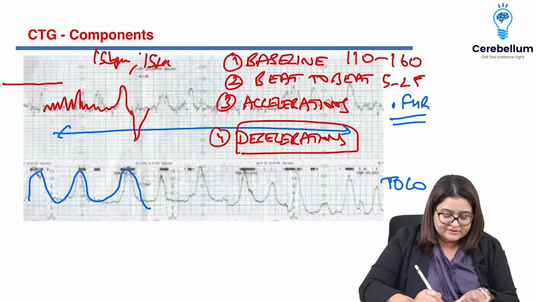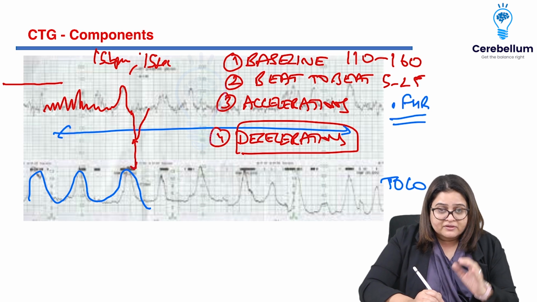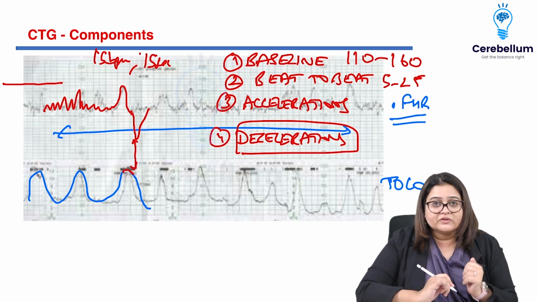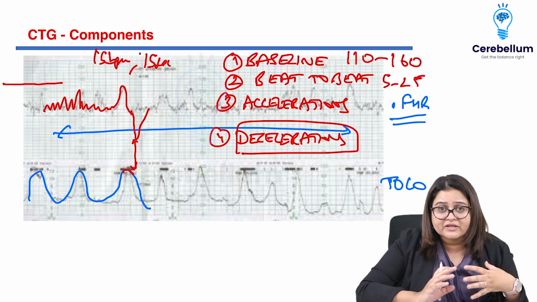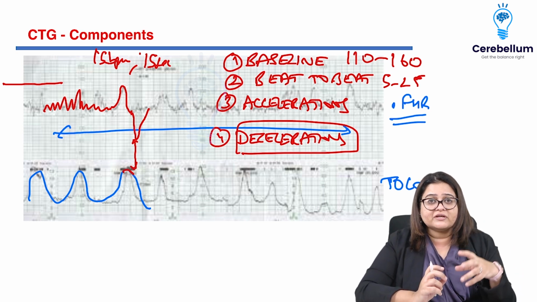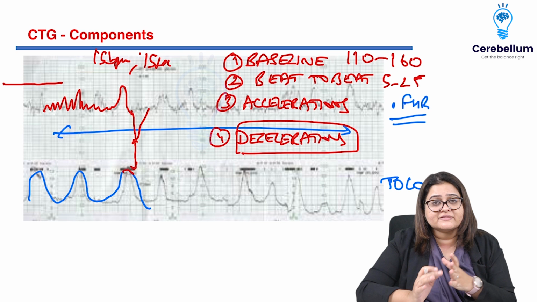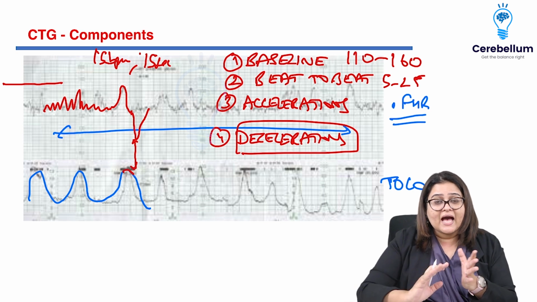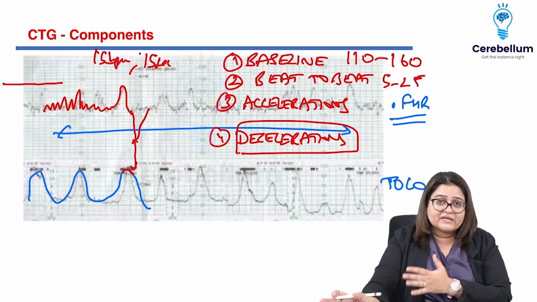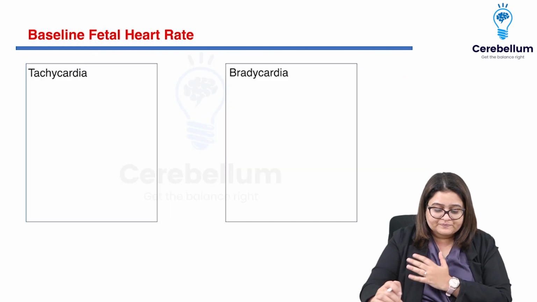And we see how the dip is in relation to the uterine contraction. Is it related to the uterine contraction? If it is, how is it related? That tells us the type of deceleration and our interpretation of that type of deceleration.